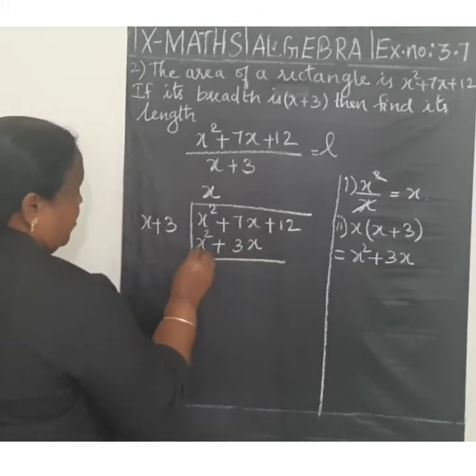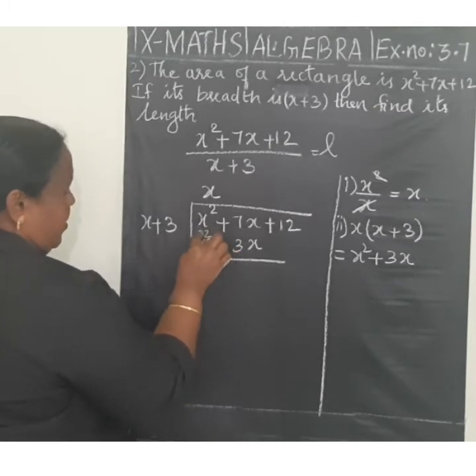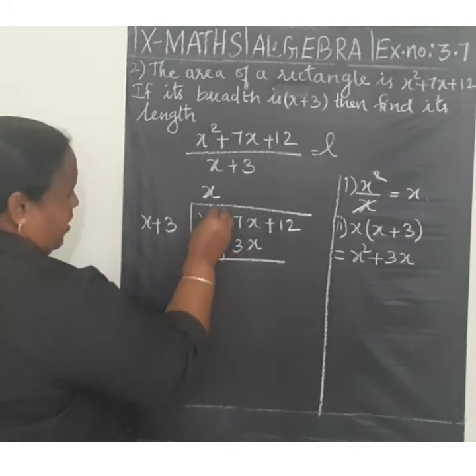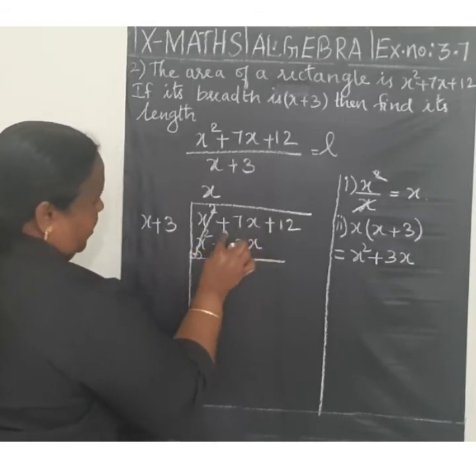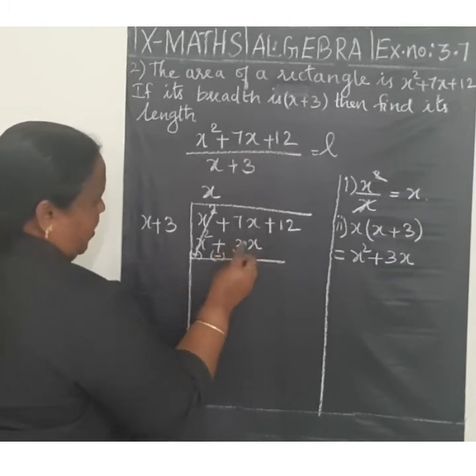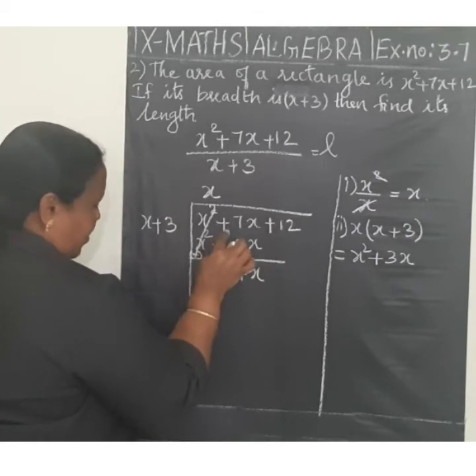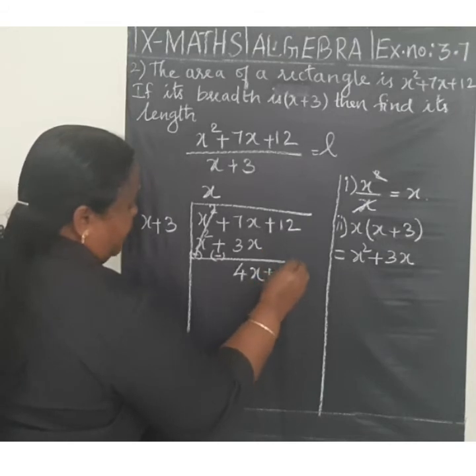Here plus sign, so here minus. Plus x square minus x square will get cancelled. Here plus 7x minus 3x: one is plus, another is minus, so we subtract. 7 minus 3 is 4x. The greater number's sign is plus, so plus 4x. Now bring the next term down, plus 12.